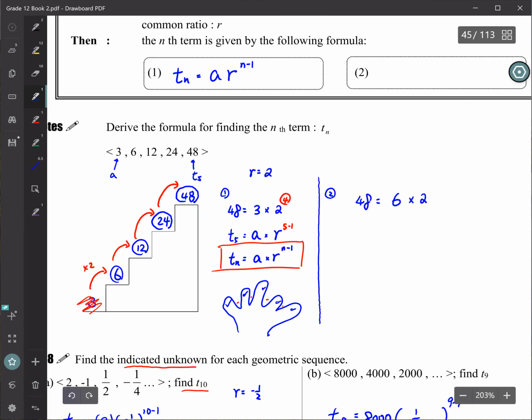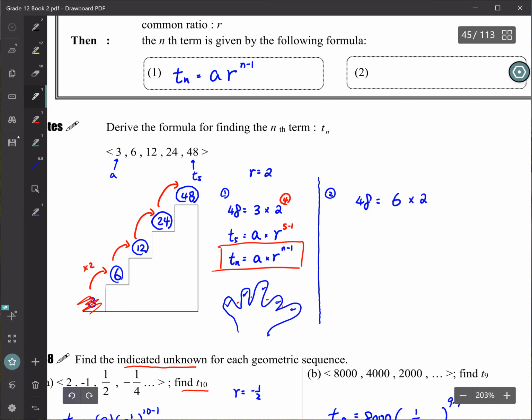The key words here are term and place. Make sure you don't confuse which number goes where, because later on when you see questions, everything is numbers. You need to know which number goes into the term, and which number is the place. Sometimes it gets very confusing, so that's why I make a picture. 6 is the second place. 12 is the third place. Second, third, and then fourth place, and then fifth place.